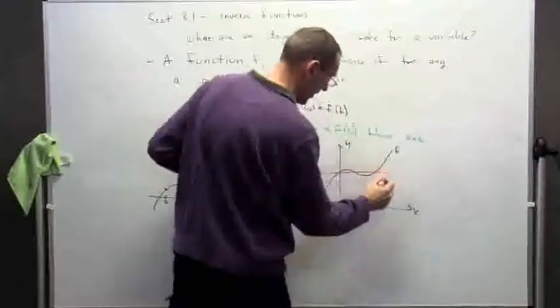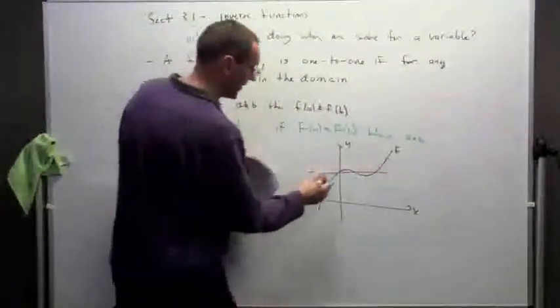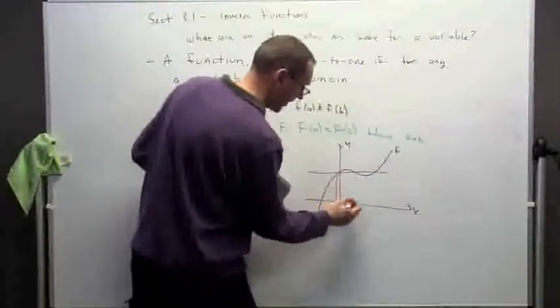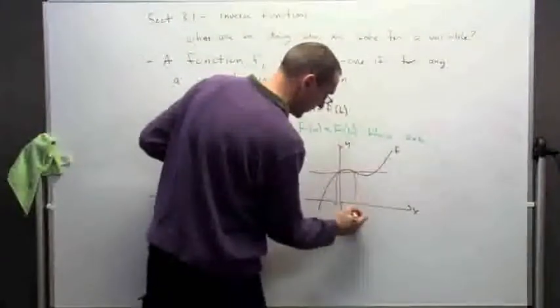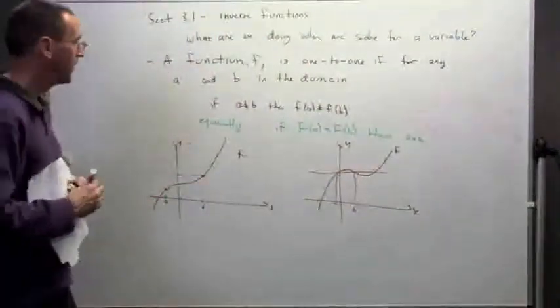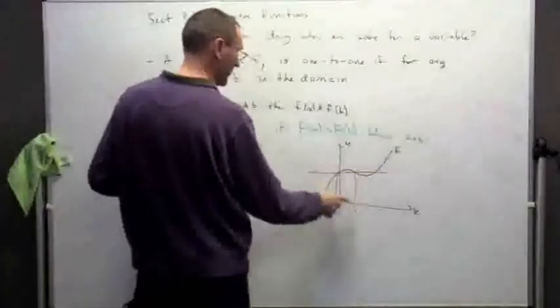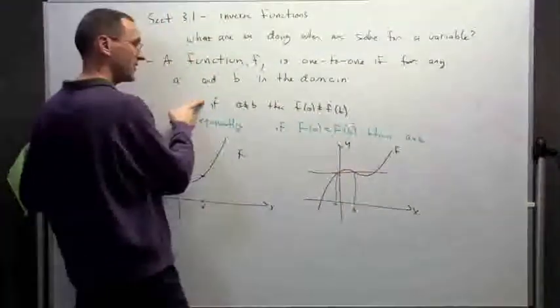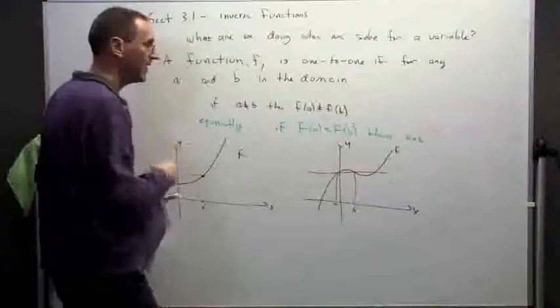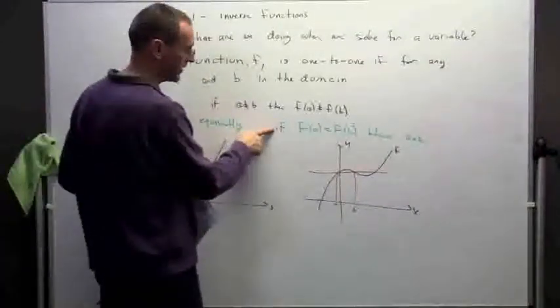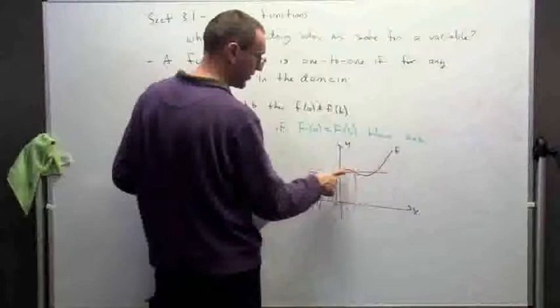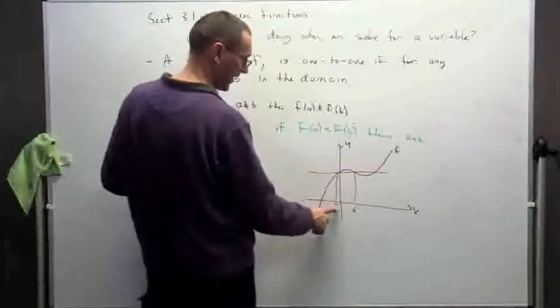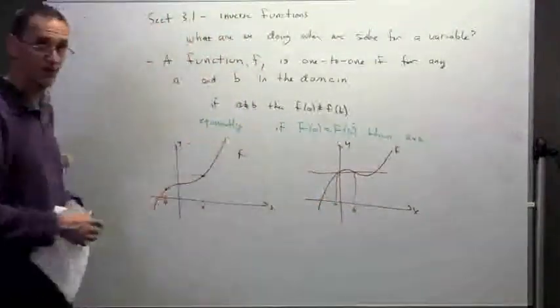I just have to find one. If I can find at least one values of a and b, so we'll call this a and this b, where a is not equal to b, but f of a is equal to f of b, this is violated. Okay? Notice this is also violated, because this says now, I know the heights of these two things are the same, but a is not equal to b, so that's not true either.